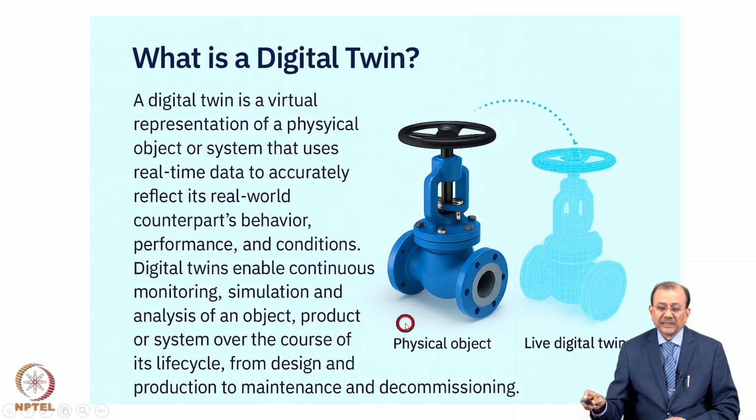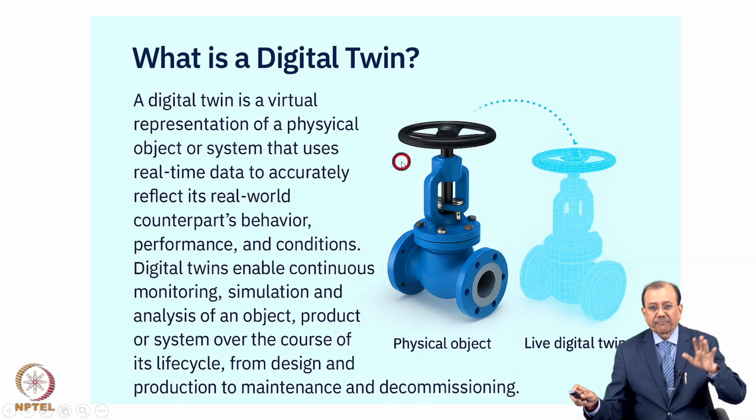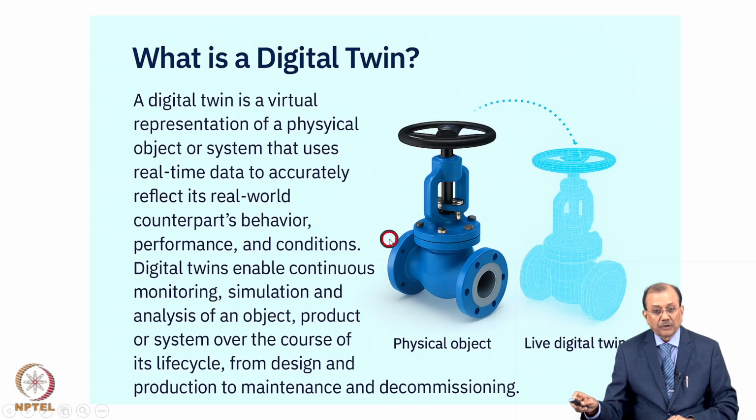So, digital twin plays a very important role today in industry. Basically, when we say digital twin, it is a digital replica of a physical object. This physical object may be anything. It may be an aircraft, a city, a full factory, or whatever is there in the factory, it can be individual equipment.